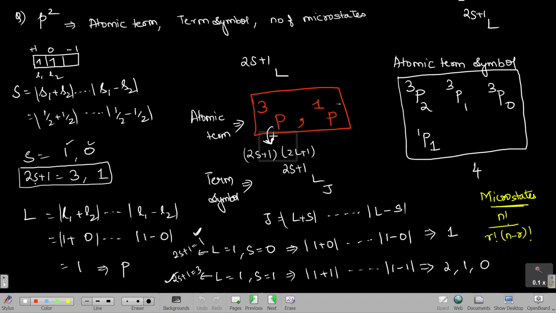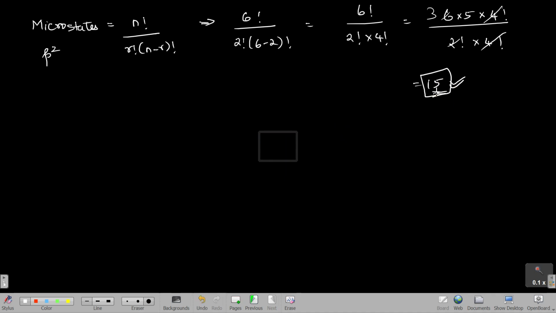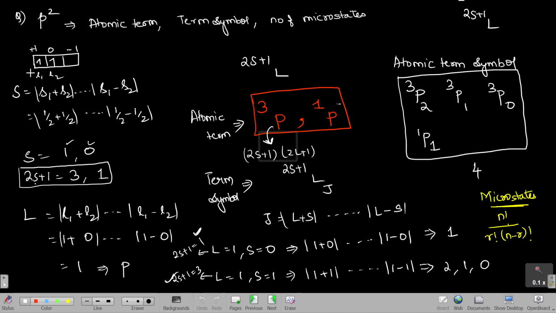That would be an assignment. Both are the same, because P2 is the configuration and these are the atomic terms of that configuration. So I hope this part is clear.